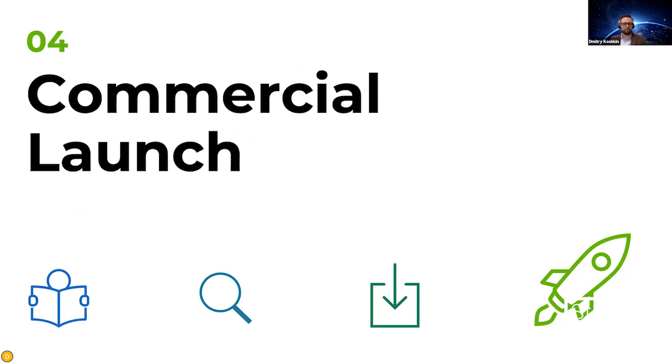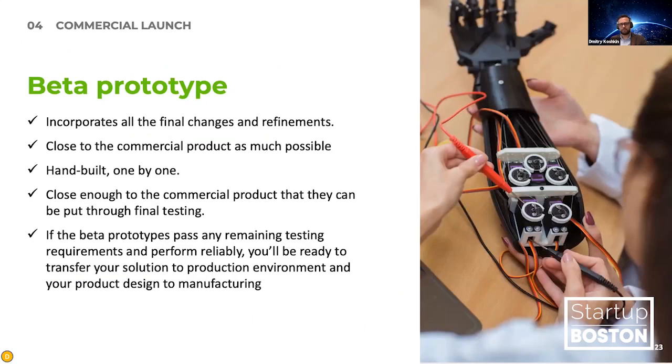Yay, we've gone through alpha prototyping, and it's time for a commercial launch as the final phase. And of course, it has some sub phases, and the first one is the beta prototype. Whenever we put together all the feedback, all the ideas we collected from the alpha prototype, it's time to build a prototype, which is a final assembly of the product.